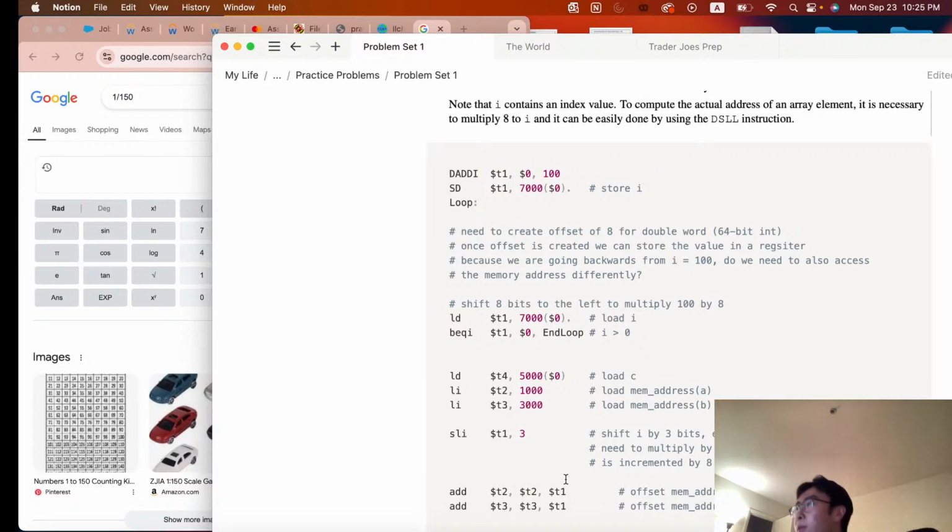Let's see if we can speed through this one. So, availability.